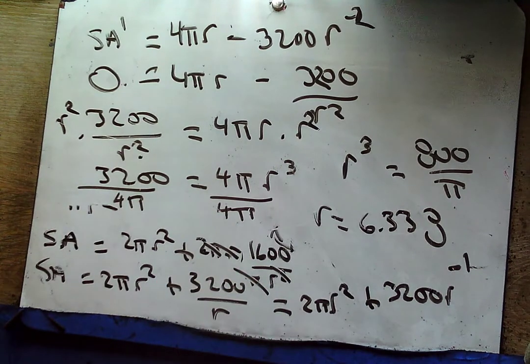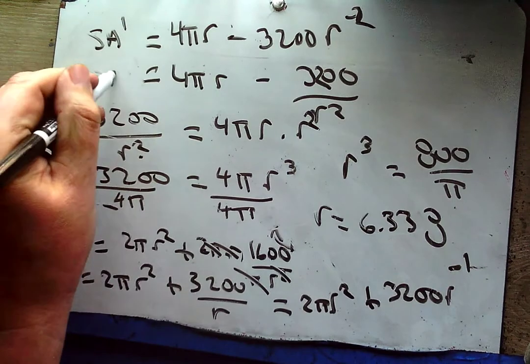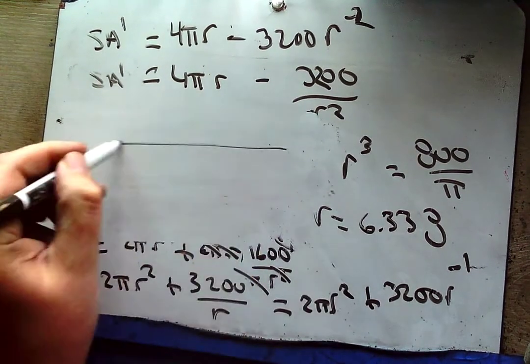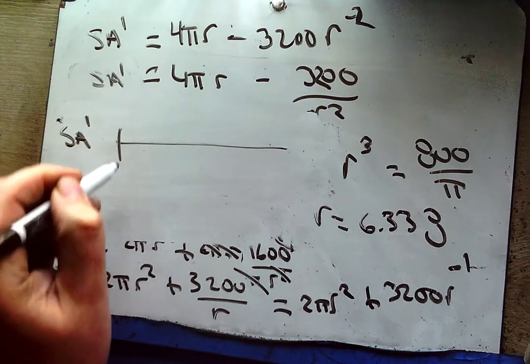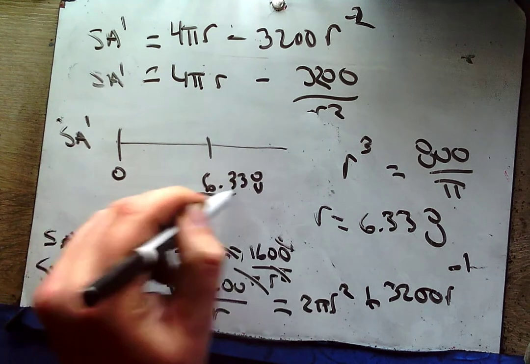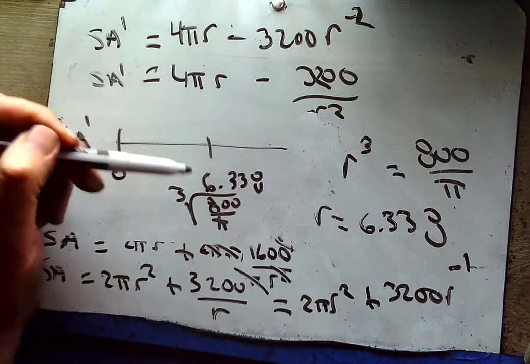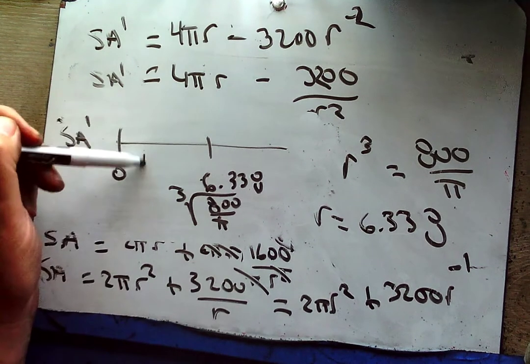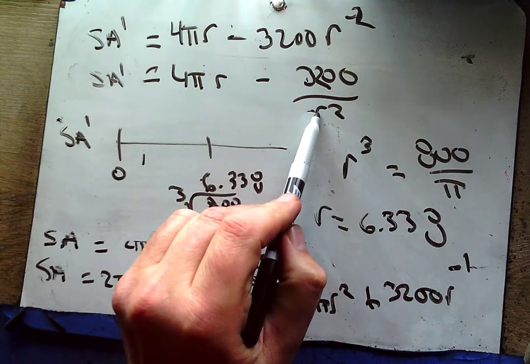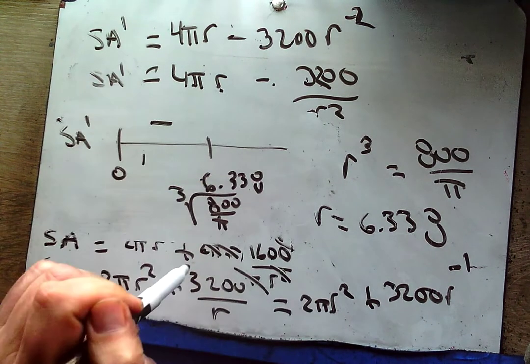So I want to go back to SA prime. And I want to plug in some test points. SA prime, 0, 6.338, or cube root 800 over pi. So a number to the left of this, how about 1? So 3200 over 1 is 3200. 4 pi minus 3200, distinctly negative.